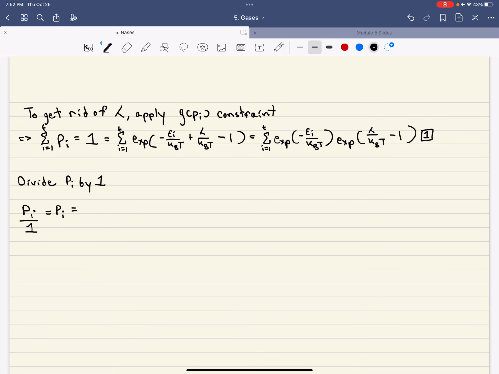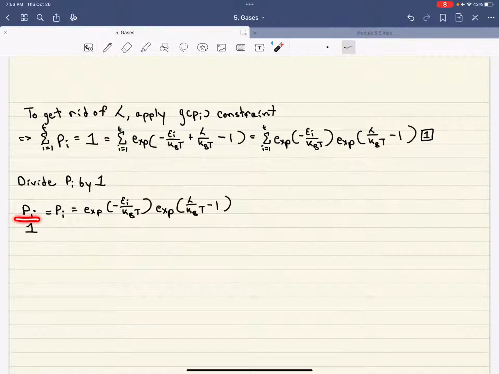We know the probability is the exponential, and I'll write it in the factored out form, the exponential times this. So that's what the probability is. But what we're doing is dividing the probability by 1, and we know, based on equation 1, that 1 is also equal to this summation.